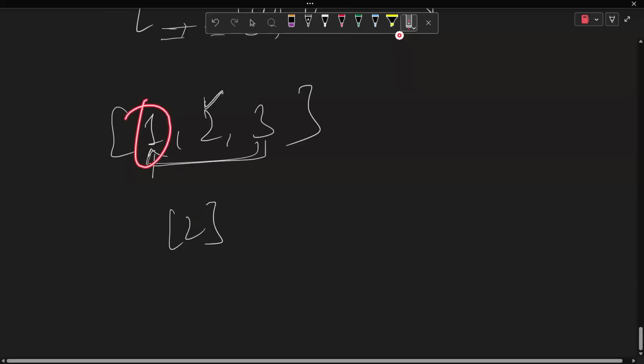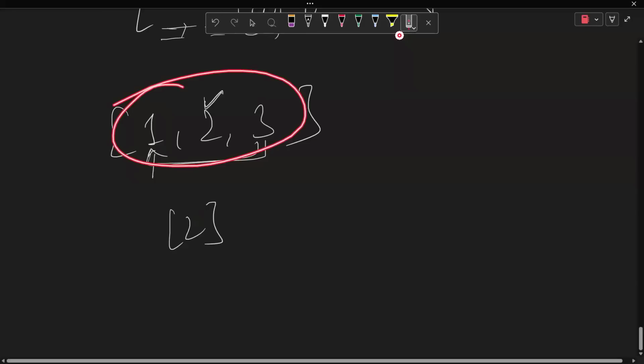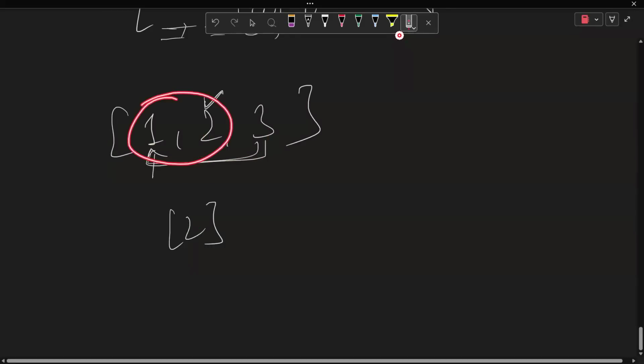If you just pick this, the median is this, so no deletion, nothing happens. So we would always pick a range greater than 1. What ranges can we pick? Here we can only pick 2 and 3. If you pick a range of 3, we are getting 2, so that's not valid. So the only options we are left with are to pick this range or this range. Now let's see what happens if you pick this range. Among 1, 2, my median would be 1.